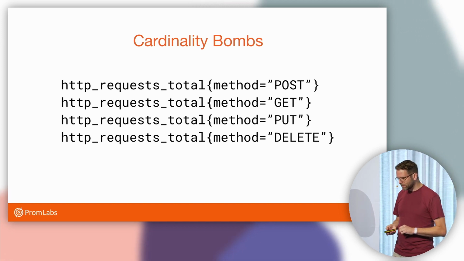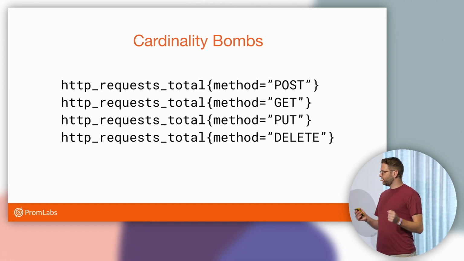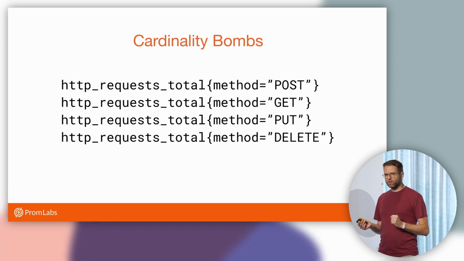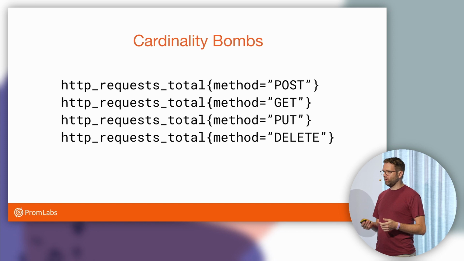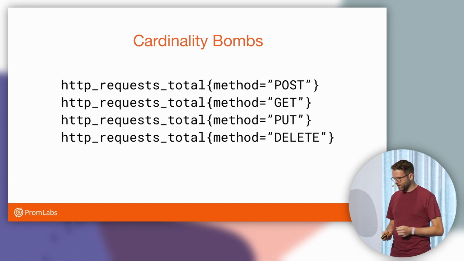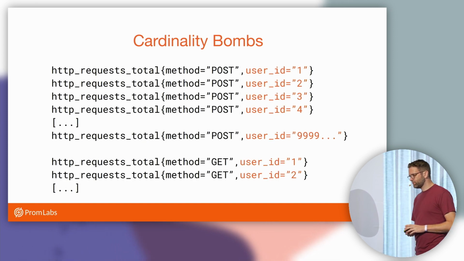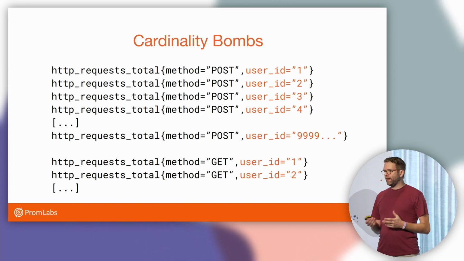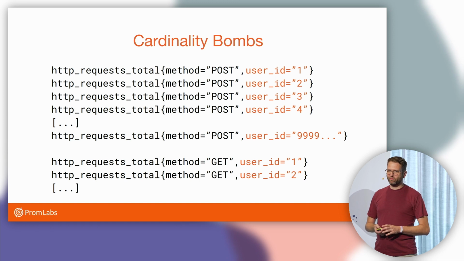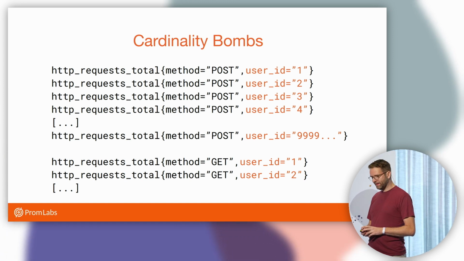Everything's fine. And now you have an overeager developer, super happy, labels are awesome. Let's maybe also track what user actually has executed that request. So they might get an idea: hey, let's put a user ID as a label into all of my metrics. And those user IDs, if you have a big service, you might have millions of users or billions even.